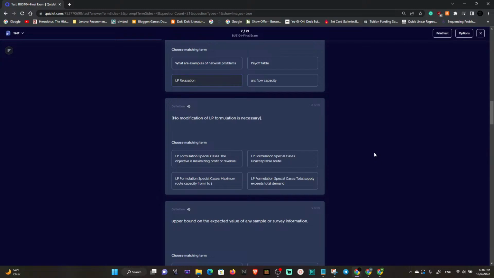No modification of LP formulation is necessary. No modification. Which one was it again? No modification, so it's a total supply exceeds total demand, so that's a D.